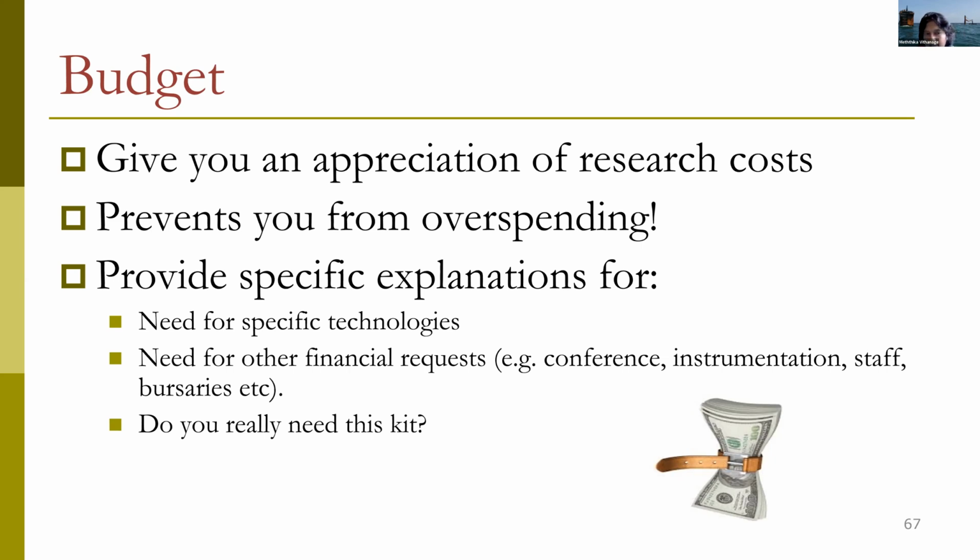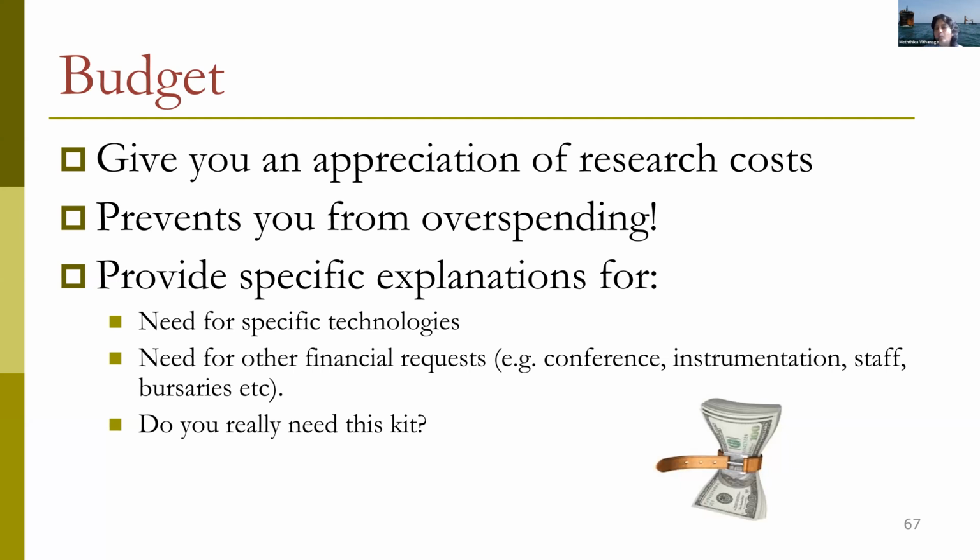When you prepare the budget, you need to provide specific explanations. If you're going to purchase an instrument, or if you're going to send your samples out to get them analyzed by some other third party by paying them, then you really need to state the explanations for those.